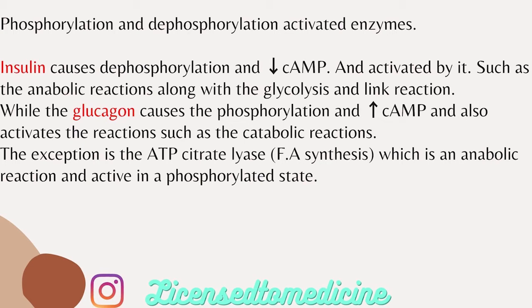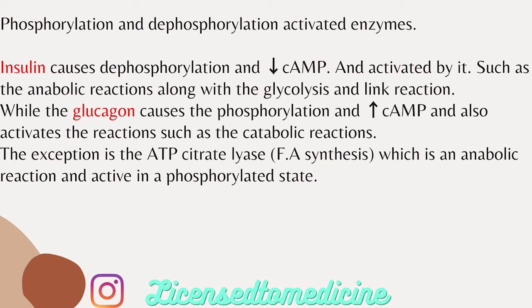Now glucagon causes phosphorylation. As we know that insulin and glucagon are both antagonists to each other, so we need to understand that if insulin causes dephosphorylation and decrease in the cyclic AMP level, so the glucagon will obviously increase the cyclic AMP level and cause the phosphorylation.